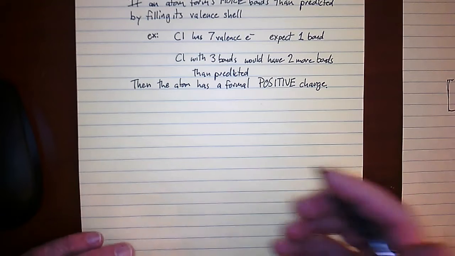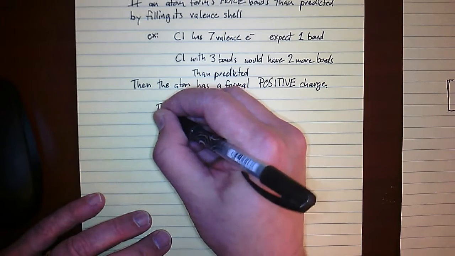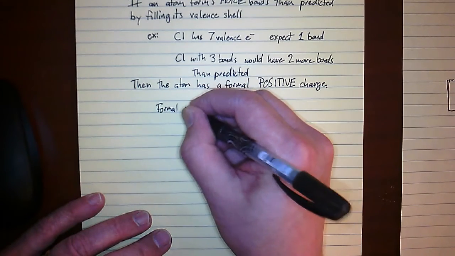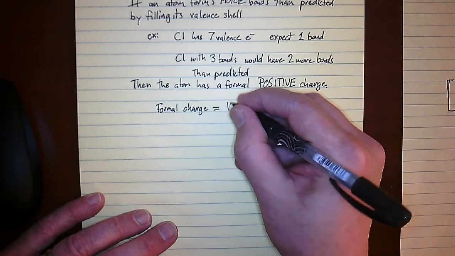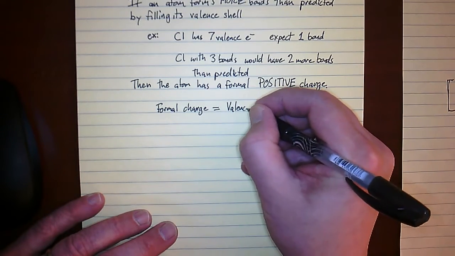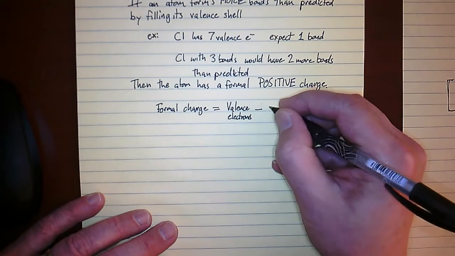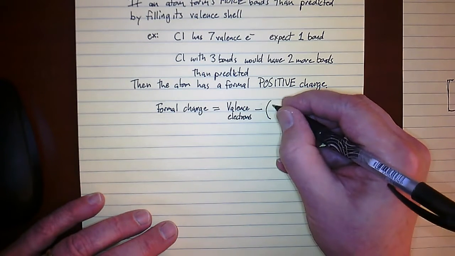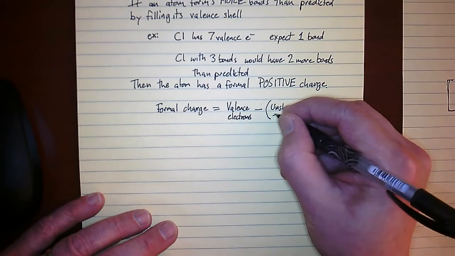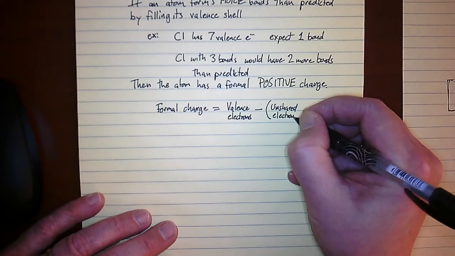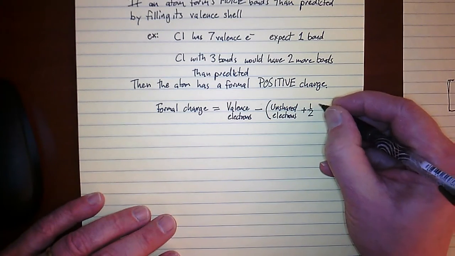We can actually calculate this if we want to using an equation that says the formal charge is equal to the valence electrons minus the sum of the unshared electrons, plus 1/2 of the shared electrons.